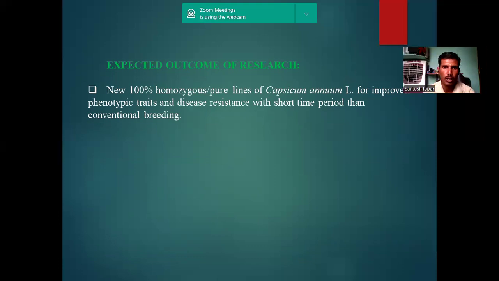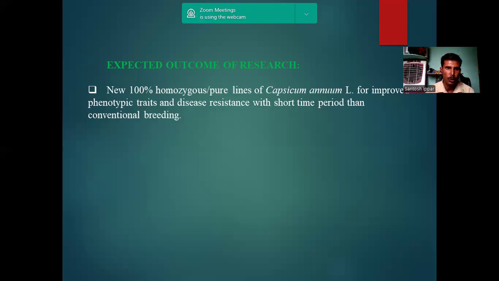This is the expected outcome of our research: new 100% homozygous pure lines of Capsicum annuum for improved phenotypic traits and disease resistance, in a shorter time period than conventional breeding. It means we have to overcome some problems faced during plant breeding. Purity will be higher in in vitro developed homozygous plants than in plants developed through conventional plant breeding.